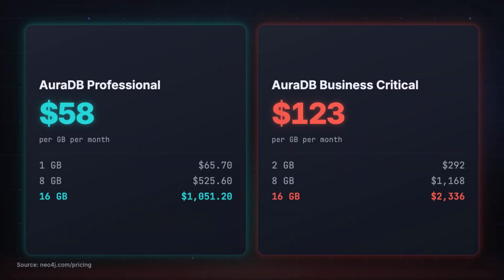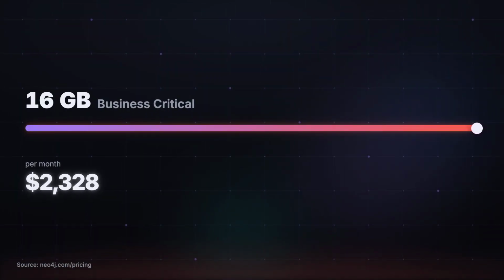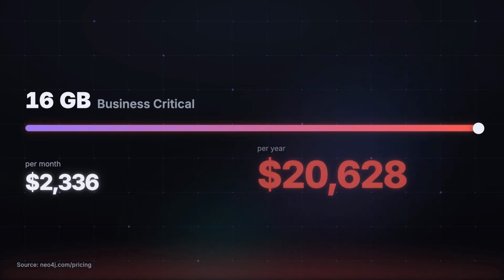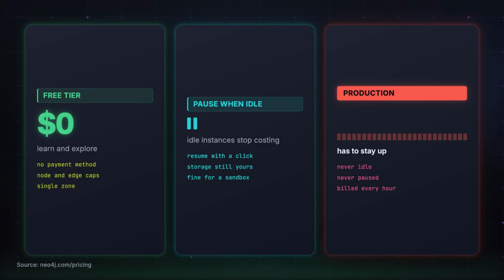Neo4j's managed professional tier lists at $65 per gigabyte per month. The high availability tier is $146. So a 16 gigabyte cluster on that tier is $2,336 a month. Call it $28,000 a year before anybody writes a query. To be fair, there is a free tier and you can pause an idle instance.